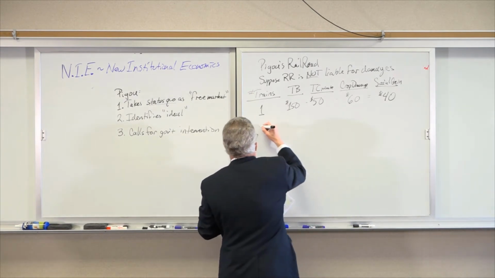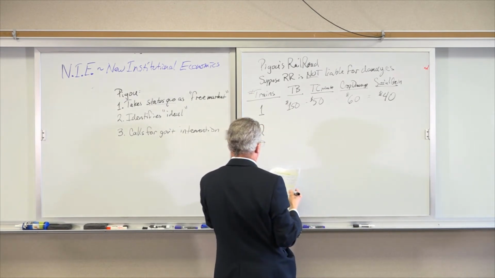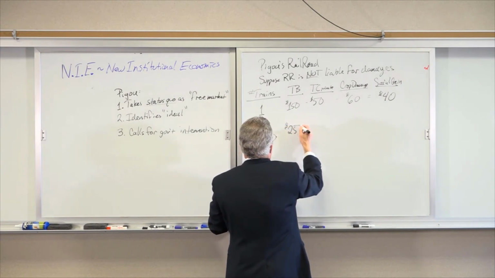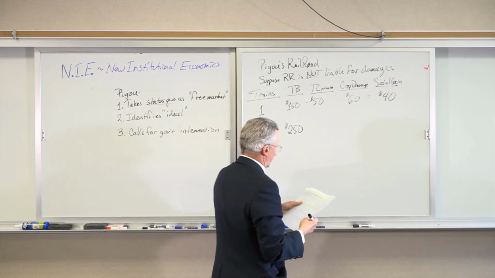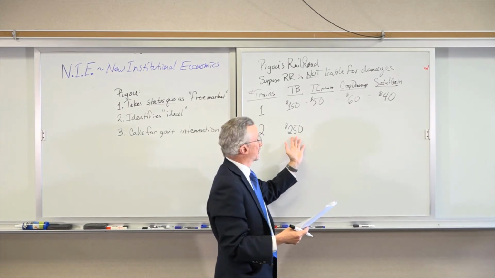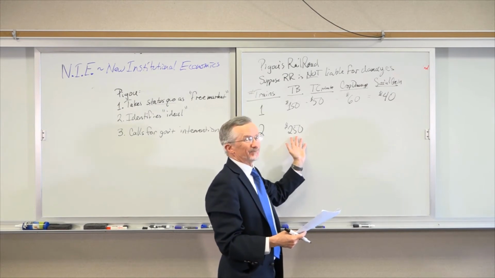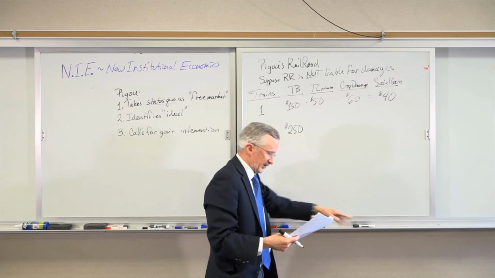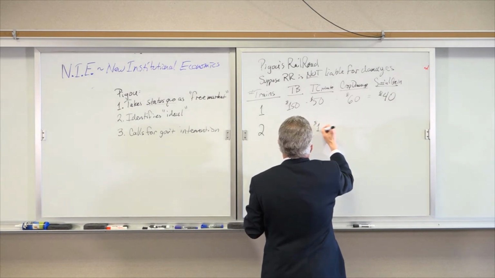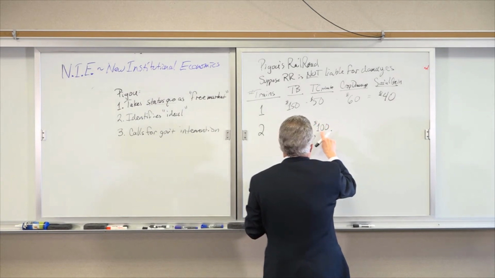Okay. What about a second train? If they run a second train per day, the total benefits will be $250. Great, so that next train added $100 of value. So we have falling marginal benefit, downward sloping demand curve, minus $100 in costs.